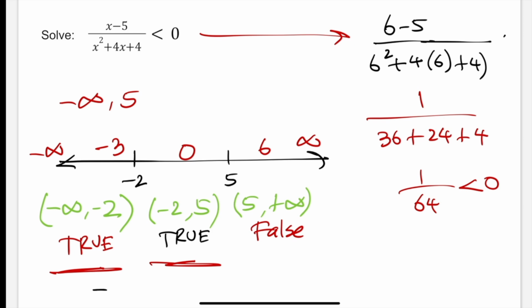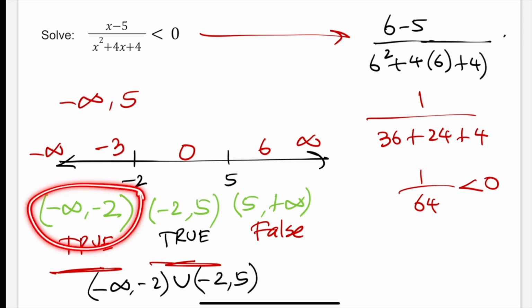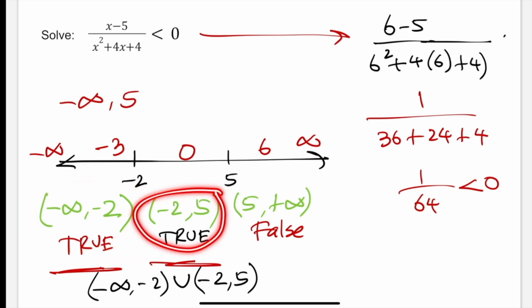My answer is going to be negative infinity, negative 2, right? Because it came out to be true. Union, negative 2, 5. All right? This interval satisfies, this interval satisfies, but because there's no equal underneath, I'm not able to use the value of negative 2 in between.